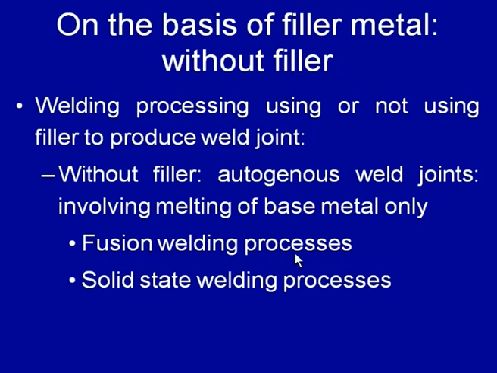So, in those processes, the two components to be joined are welded together either with the application of heat, or with the application of heat and pressure both, or only the application of pressure. This results in autogenous welds. So, those welding processes where filler material is not used result in autogenous welds.